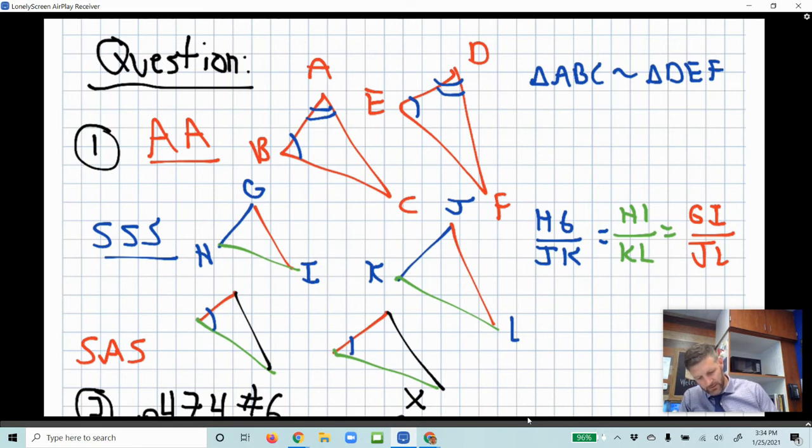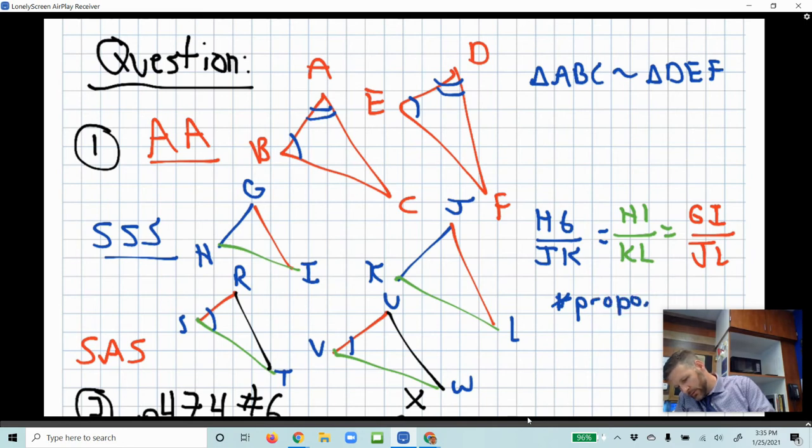So let's call these RST and UVW. If I know that RS is proportional, notice we're not saying equal, I'm not putting any congruent signs on this. This is if they are proportional. In fact, I'm going to note that right here: proportional, not congruent.